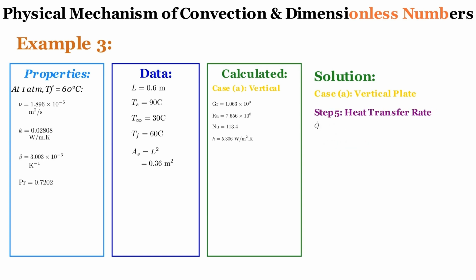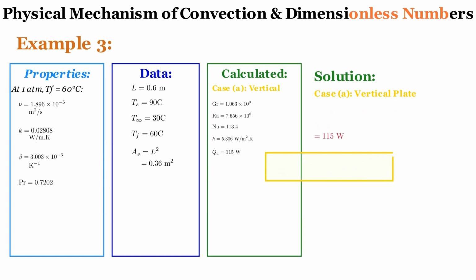Step 5, finally the heat transfer rate for the vertical orientation. Q dot equals h times A_s times delta T. We get 115 watts for the vertical plate. There we have it. Answer for case A. For the vertical plate, the heat transfer rate is 115 watts.